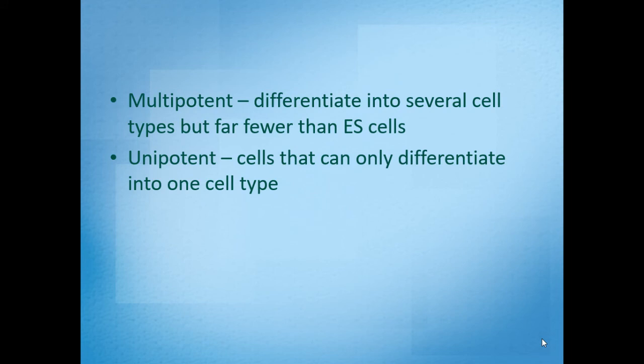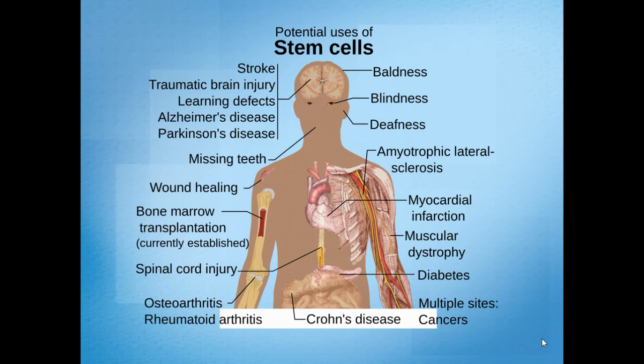Multipotent cells can differentiate into several types of cells, but far fewer than the ES cells. And unipotent cells can only differentiate into one cell type. Potential uses of stem cells: we may be able to cure these different conditions by utilizing the different types of stem cells that we know of so far.